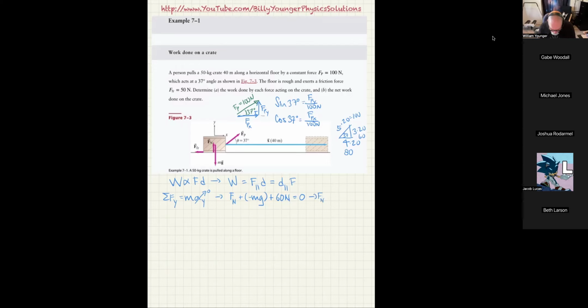Now, the mg turned out to be a 50 kilogram crate multiplied by g, which is 9.8, and 50 times 9.8. Obviously, 100 times 9.8 would be 980, so this must be 450. Okay? Oh, excuse me, 480. I hate doing arithmetic in my head.